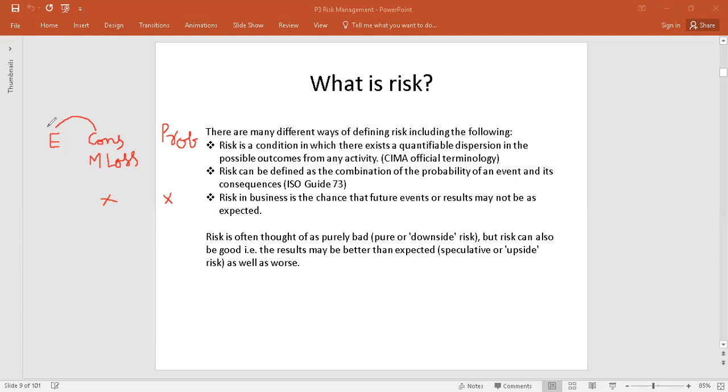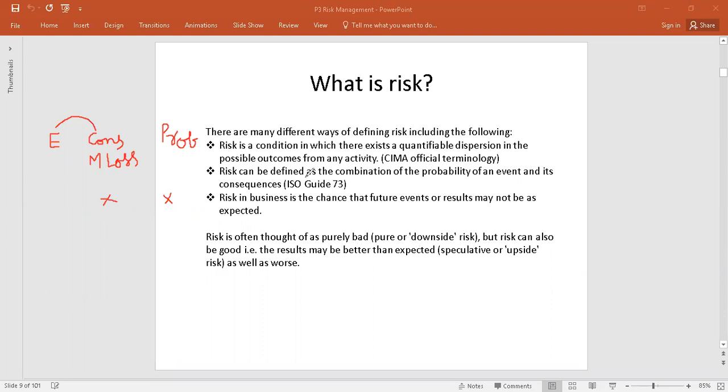That's one way of defining what is risk. Basically we talk about variation, because these events are causing variations. Ultimately we come down to the same point, but each accounting body has defined risk in their own pattern. Then risk in business is the chance that future events or results may not be as expected.